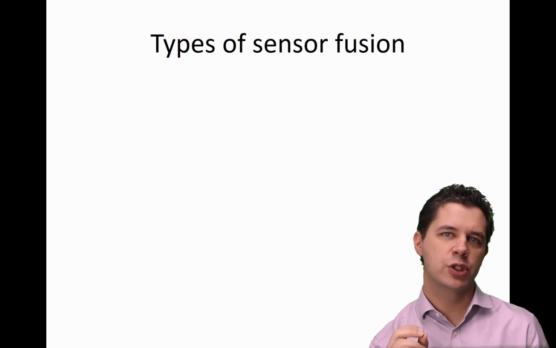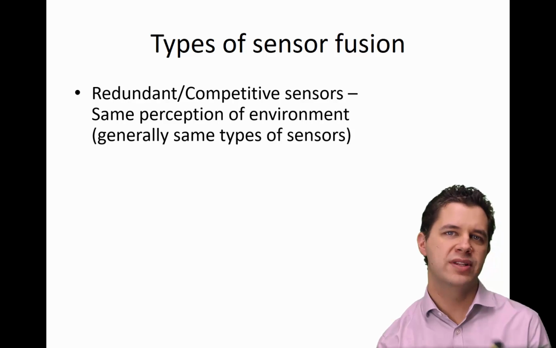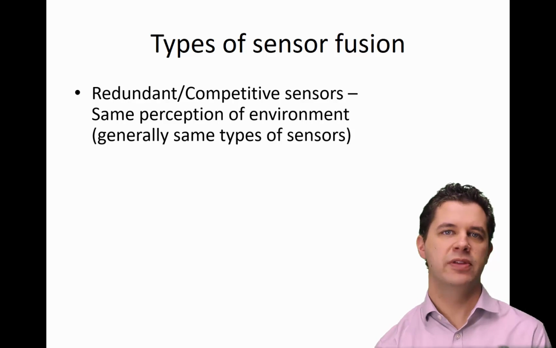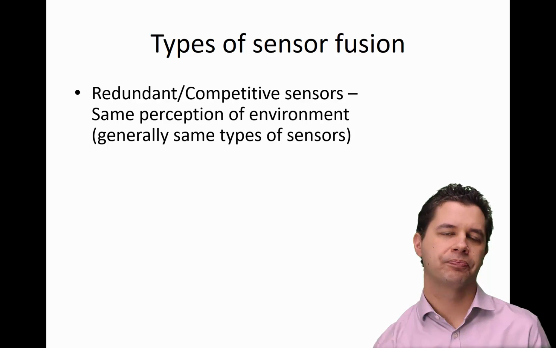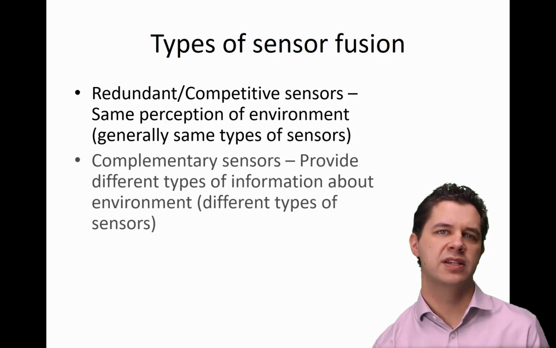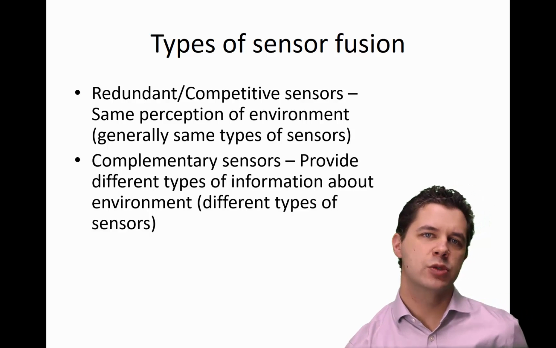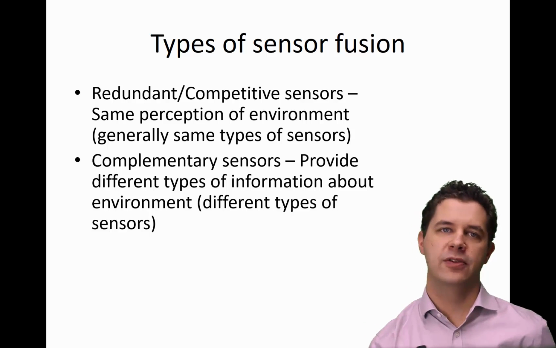So there's a number of different types of sensor fusion. Our first one is using what we call redundant or competitive sensors, where we have essentially the same perception of the environment and generally the same types of sensors. We'll be talking about each of these in detail. We then have complementary sensors. In complementary sensors, we provide different types of information about the environment, normally from different types of sensors.